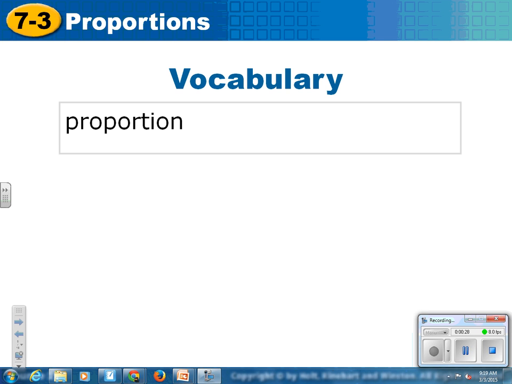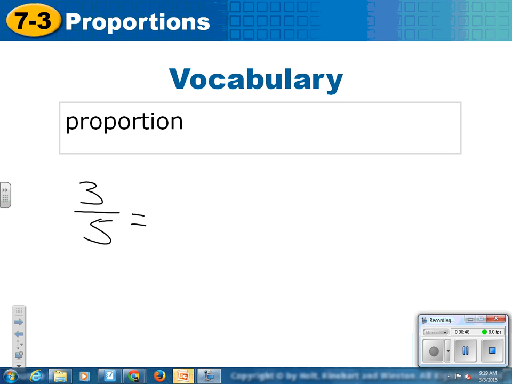So let's say you had the ratio of 3 to 5. That's a ratio. Remember, it is said 3 to 5. That is my ratio. Well, a proportion would be this.